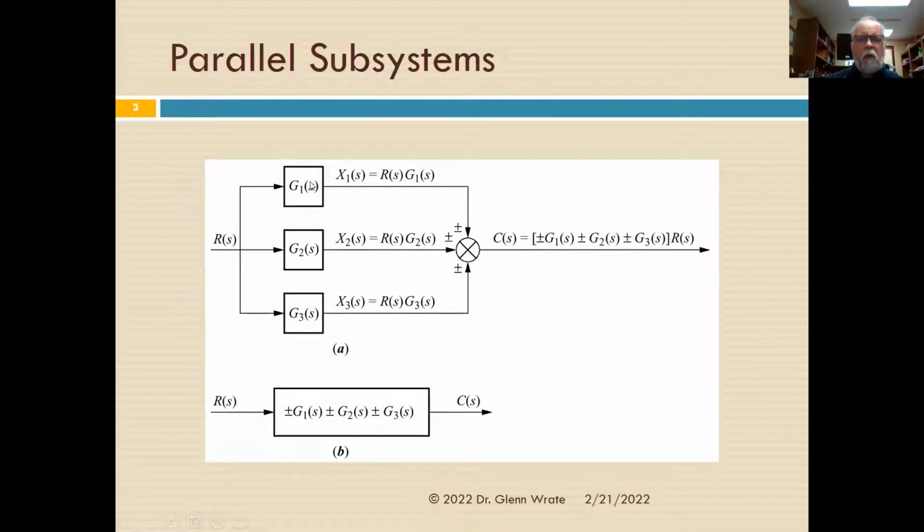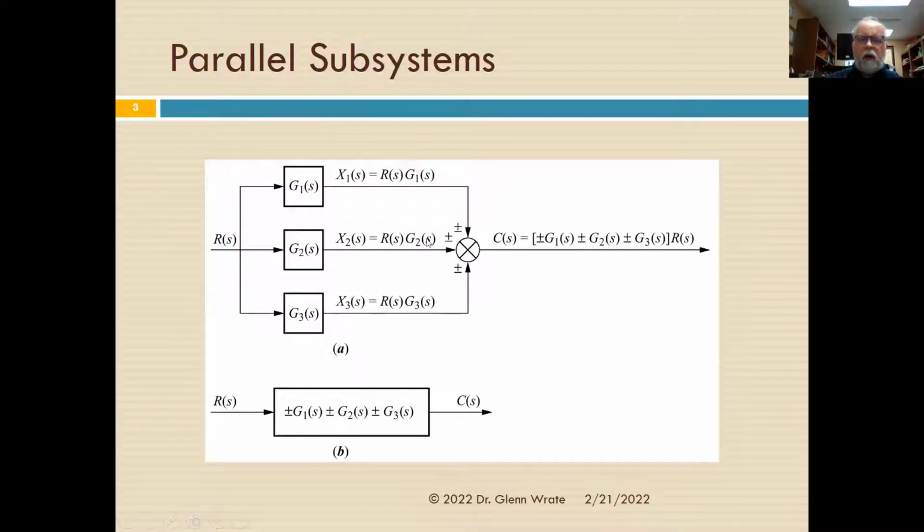When we have parallel subsystems, again, for resistors in parallel, we've got 1 over 1 over R1 plus 1 over R2 plus 1 over R3 kind of deal. We don't have to do that here. When things are in parallel, we have to end up with a summing junction. This is a pickoff point here. So these are all R(s), and then we're just taking that R(s) and feeding it into 3 different systems.